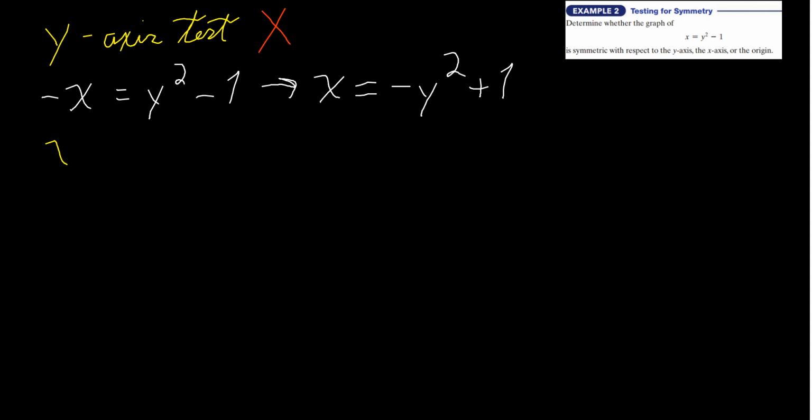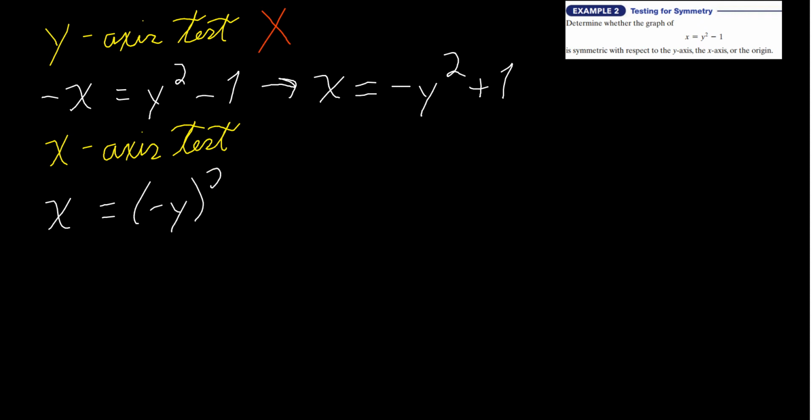Now let's try symmetry about the x-axis. So let's write x-axis test. This time we're going to be replacing y with a negative y. So we're going to have x is equal to negative y, squared, minus 1.